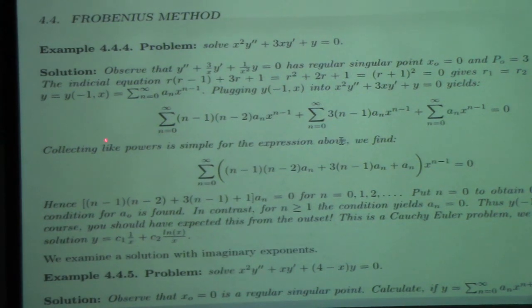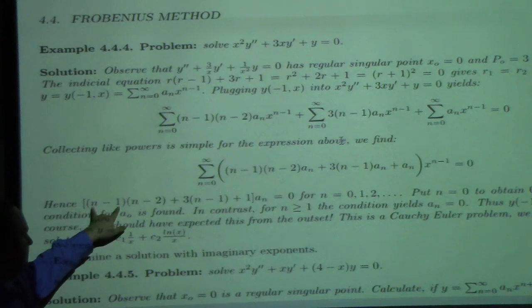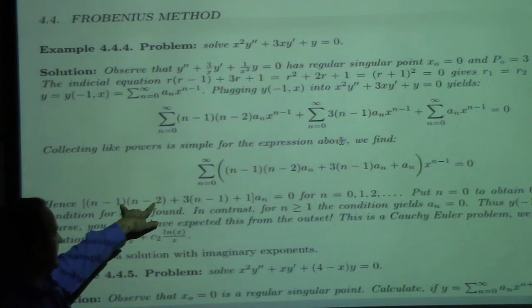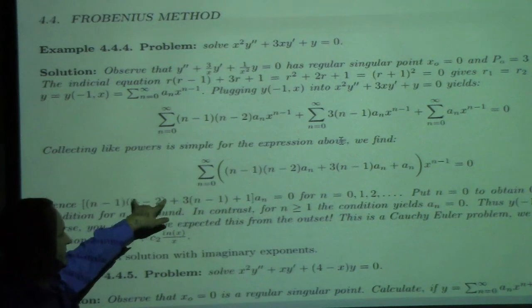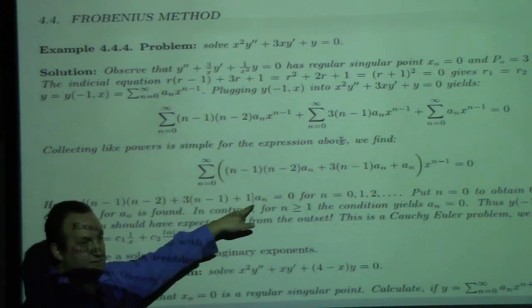So I plug that into the Frobenius template, and it gives me this. In fact, we find this, which provides that (n minus 1)(n minus 2) plus 3(n minus 1) plus 1, times a sub n, is equal to 0, for n equal to 0 to whatever. What happens if you put n equals 0? I get 2 minus 3 is minus 1 plus 1 is 0.